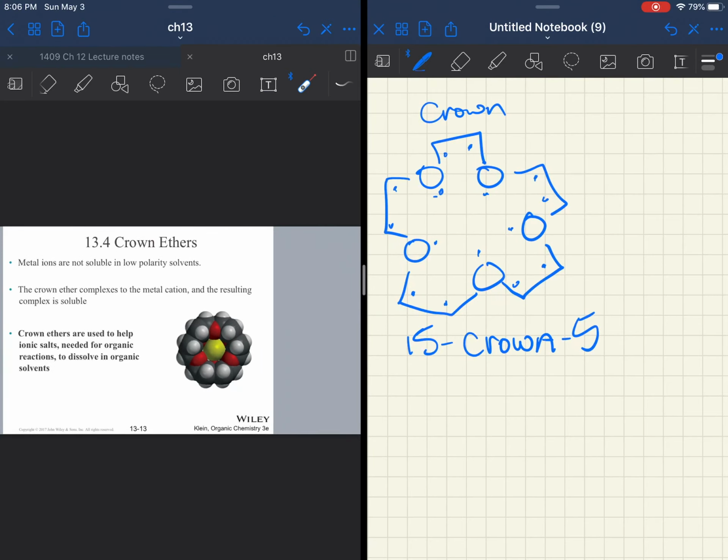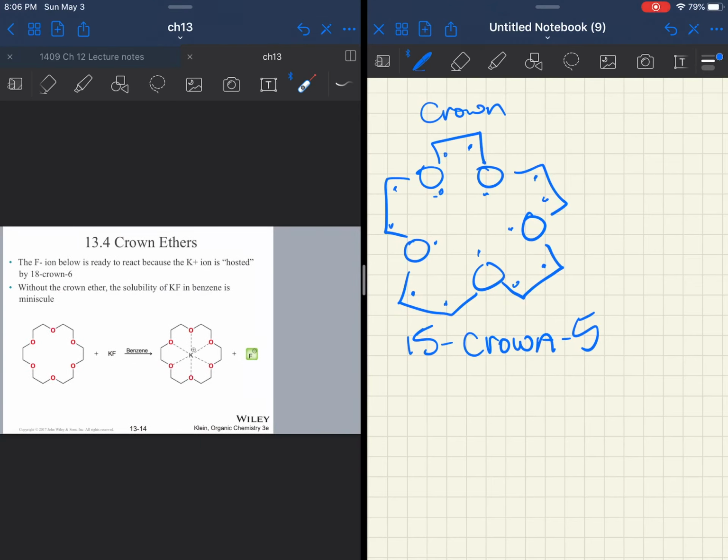So it helps you to dissolve salts that would normally not dissolve in nonpolar solvents. For instance, like KF. Potassium fluoride is very insoluble in organic solvents, but when you put a crown ether in, it gives all of this attention to that cation, and it allows it to dissolve better in something as nonpolar as benzene.